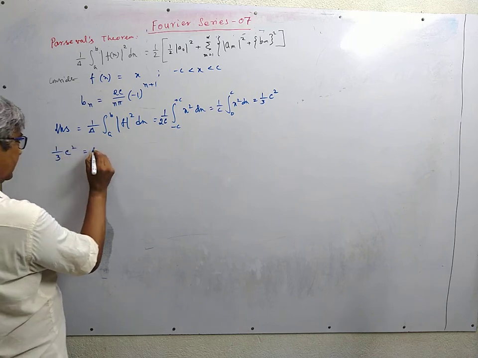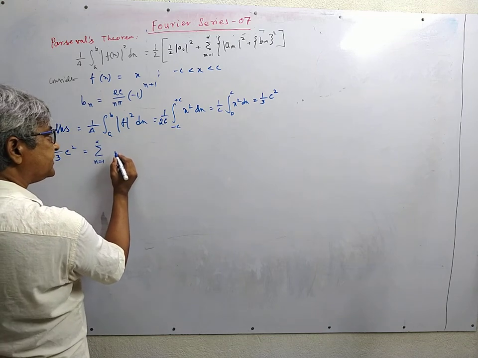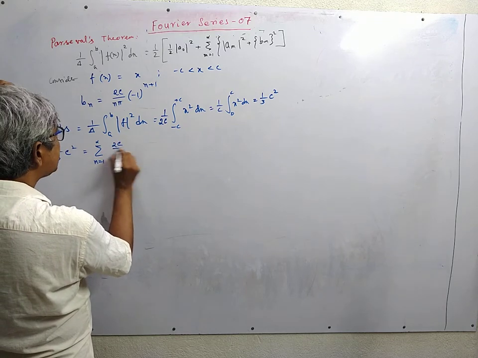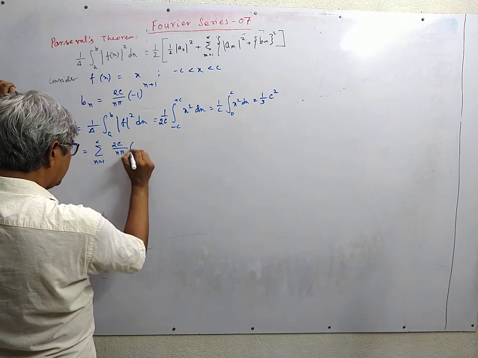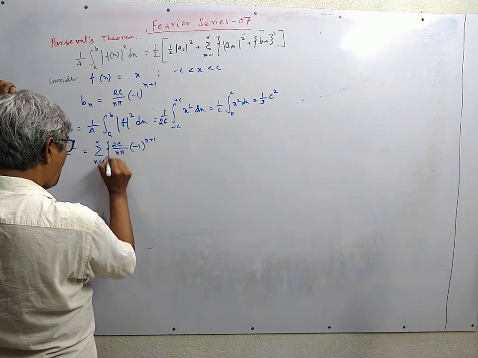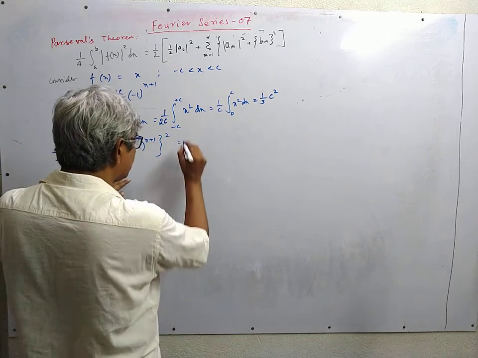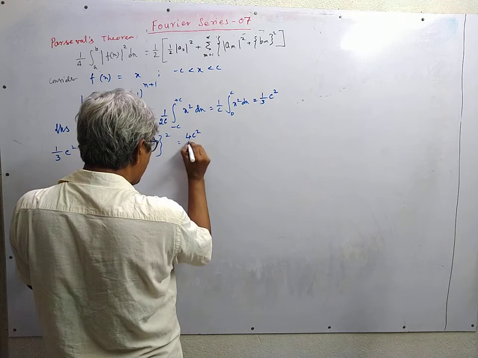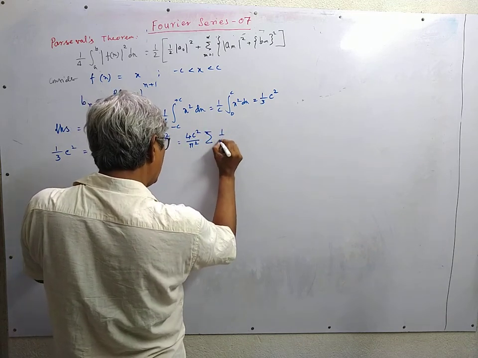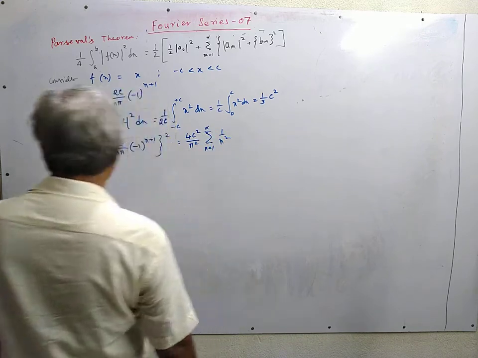And for the right hand side, we write 1 by 3 c square on the left is equal to summation over n is equal to 1 to infinity of 2c by n pi times minus 1 to the power n plus 1, whole thing squared. So this will be 4c square by pi square, which comes out, and we will have summation over n is equal to 1 to infinity of 1 upon n square.